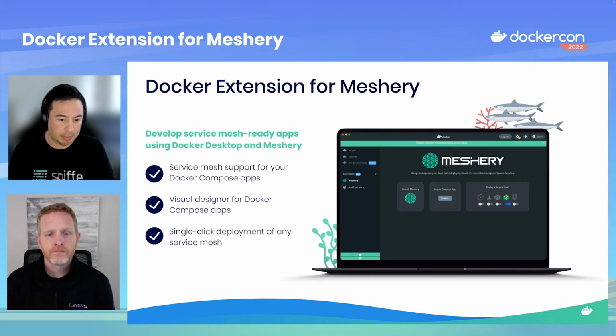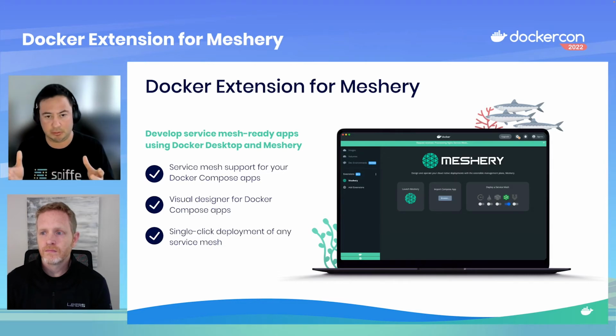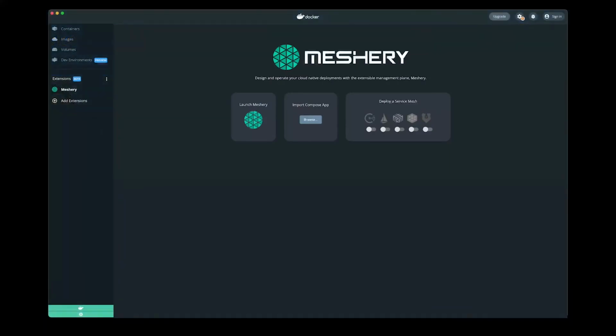So HPE found in the Meshery extension for Docker Desktop a convenient tool that let our engineers deploy the service mesh of their choice with a click of a button. And that allows us to quickly perform analysis and regression testing on these Istio and SPIRE integrations across different scenarios. But let me show you how this works.